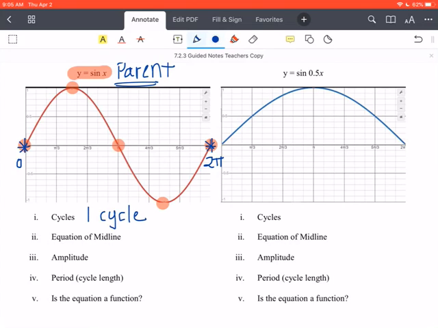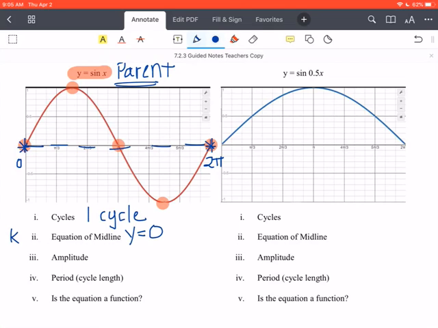Now for the equation of the midline, remember the equation of the midline relates to that value of k, but we can see there's no k tacked on in the equation, so our midline is simply the x-axis. What is the equation of the x-axis? y equals 0.